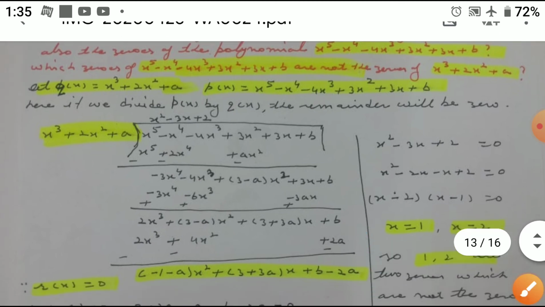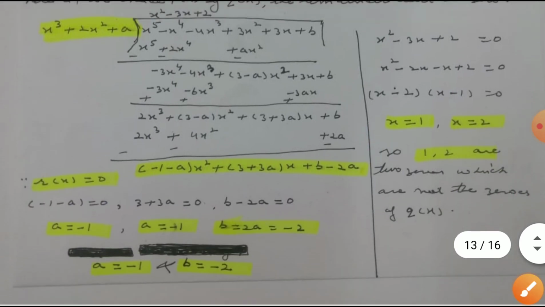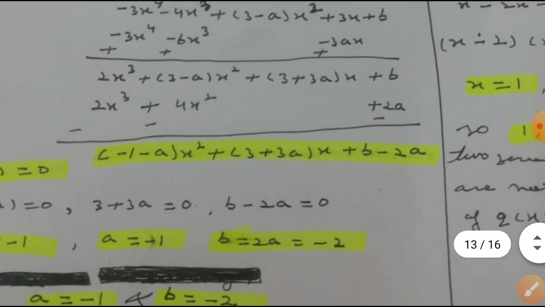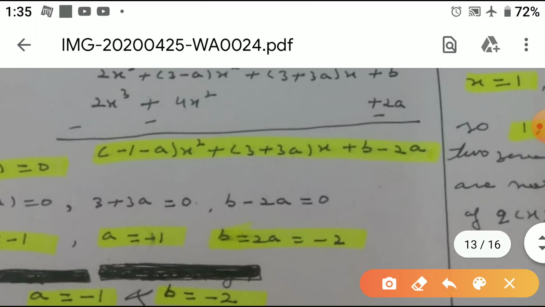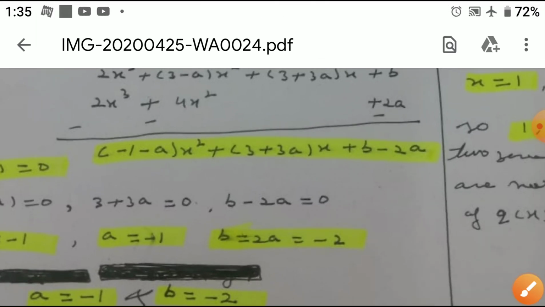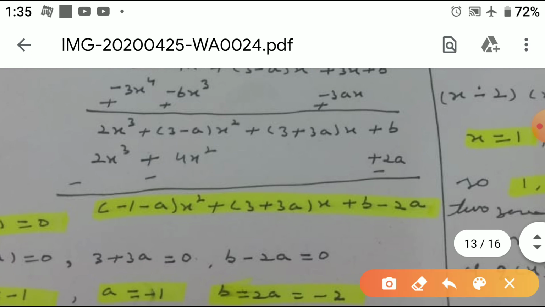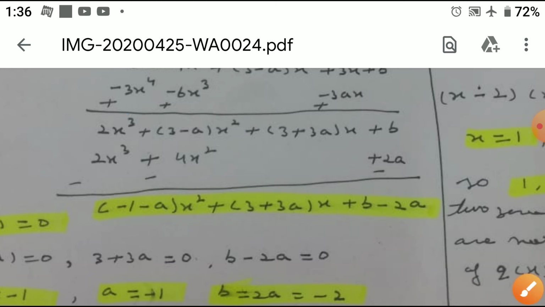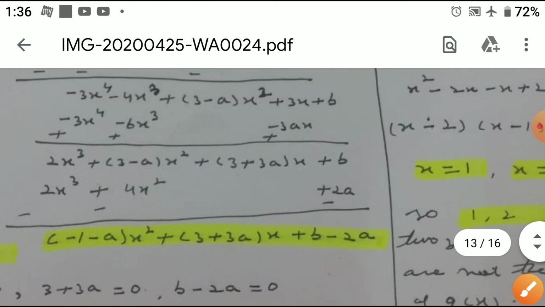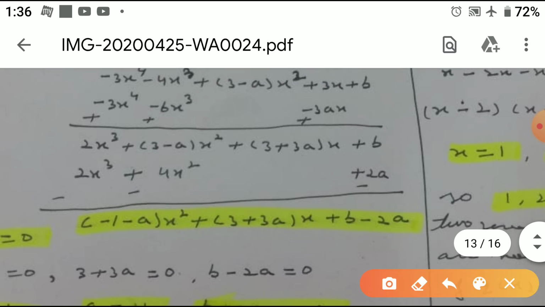Clear? Now solve this. Now 2x cube is cancelled. Now look at this, this is an important step. When you take x square common here, we are left with 3 minus a minus 4.